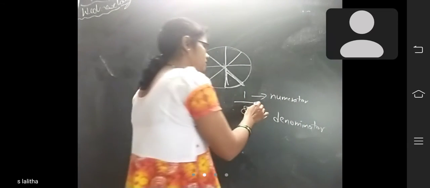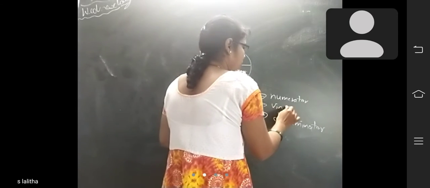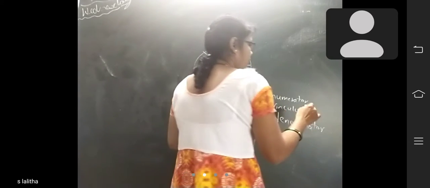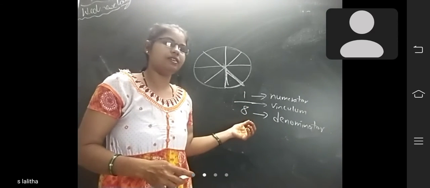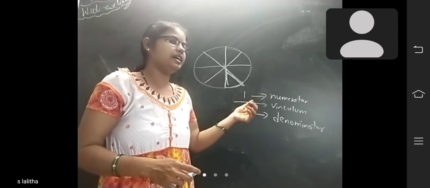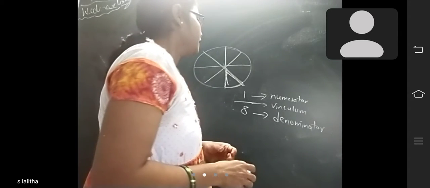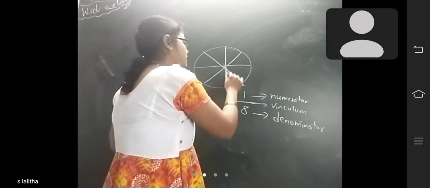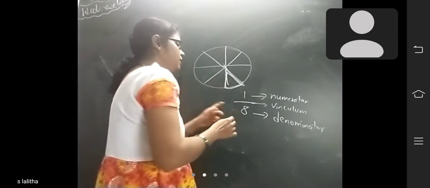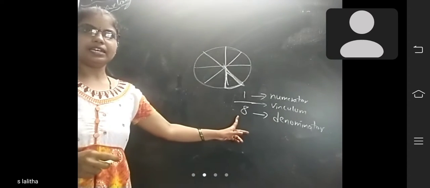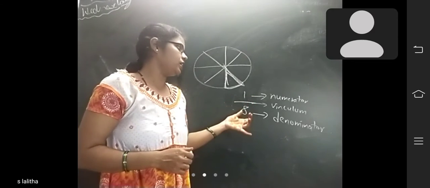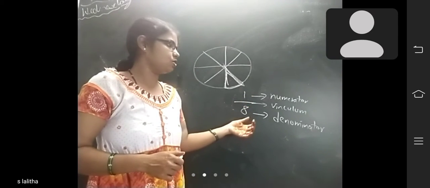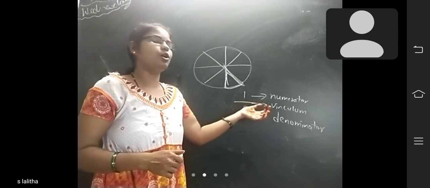And what do you call this line? Vinculum. This one is the numerator, this one is the denominator, and this is the vinculum. So in 1 by 8, it is 1 part out of 8 equal parts. That is the fraction. One is called the numerator, 8 is called the denominator, and this line is called the vinculum.